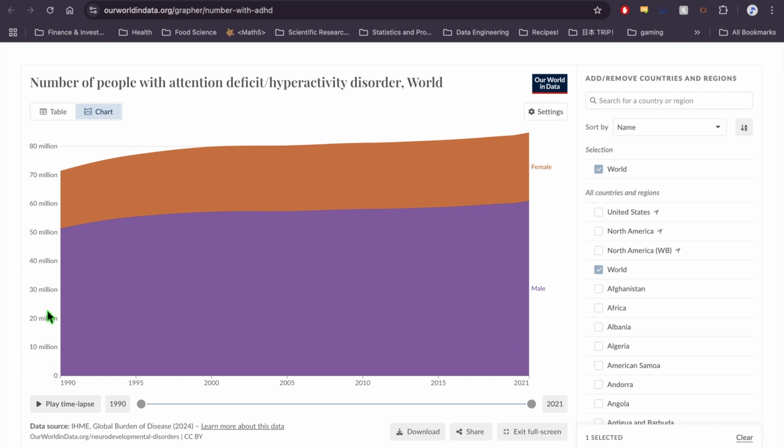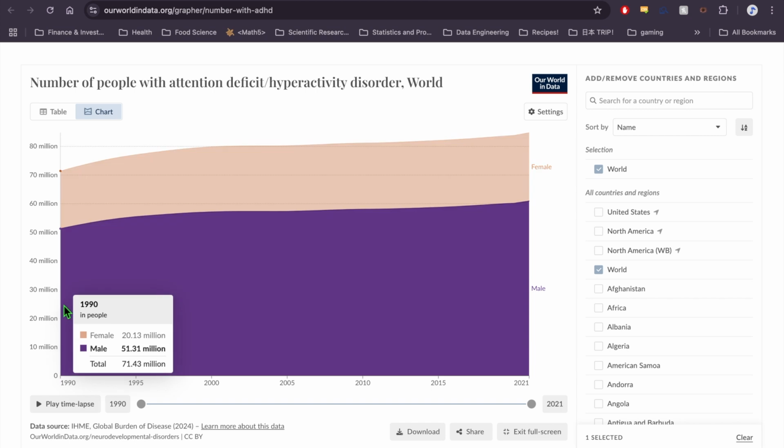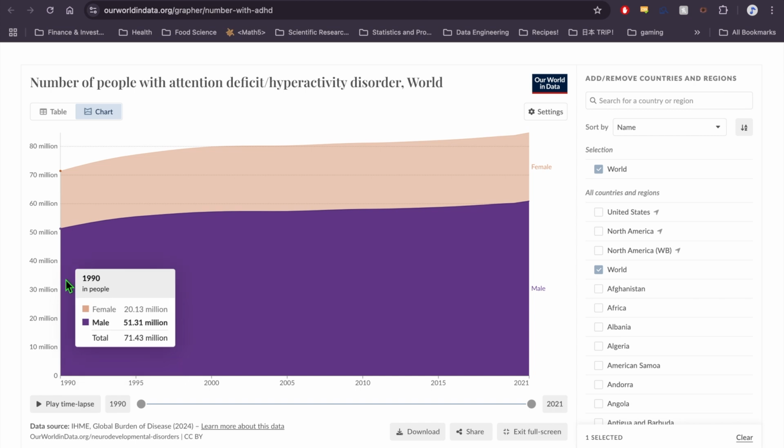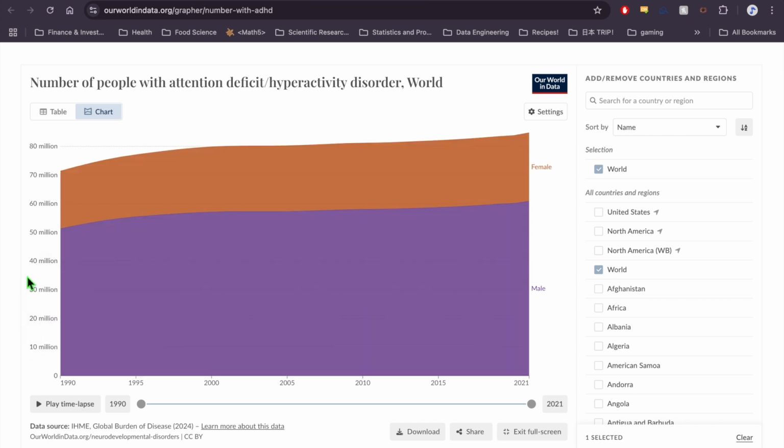This is a good sign and a good practice because each unit increases by a constant amount, and the distance between each increment is equal. So that makes our data easier to read and more reliable when we're trying to make additional inferences.